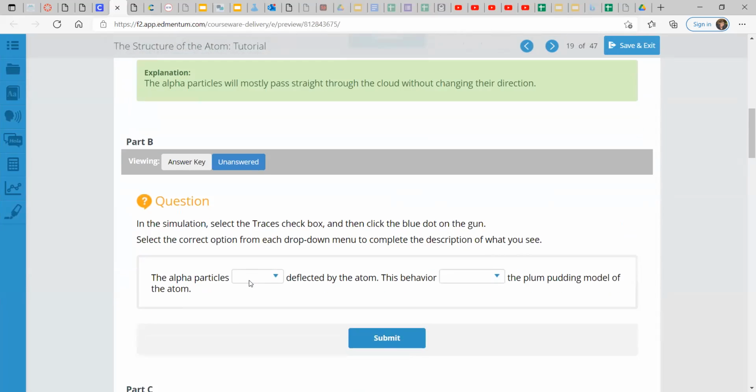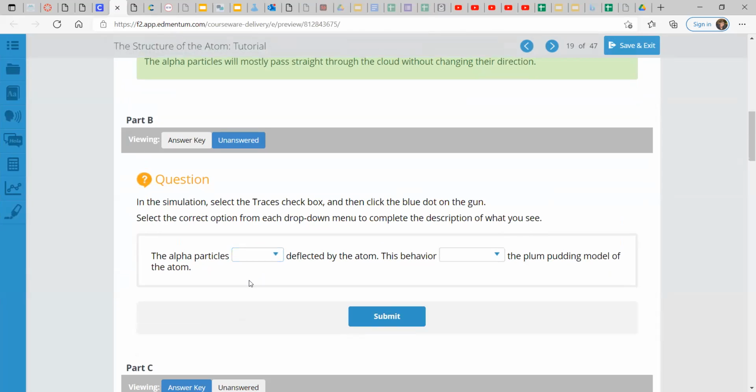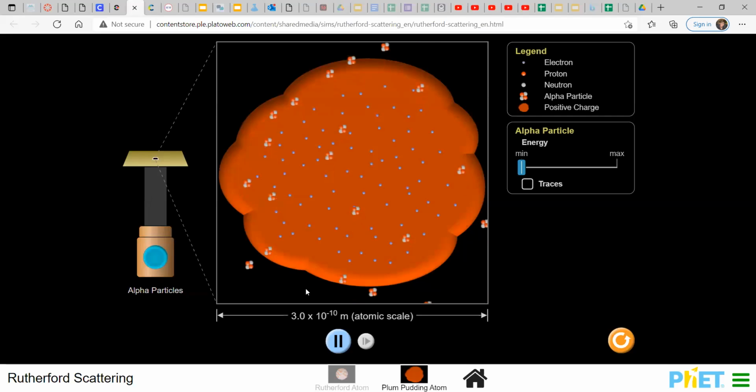Now, part B, in the simulation, select the traces checkbox, which we did, and then select the correct option from each drop-down menu. The alpha particles are not deflected by the atom. This behavior, let's see.